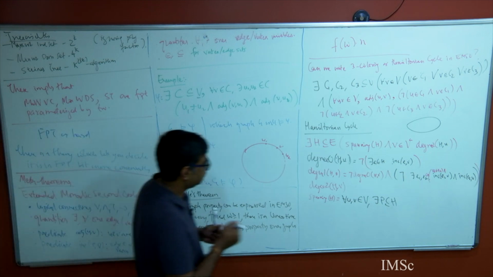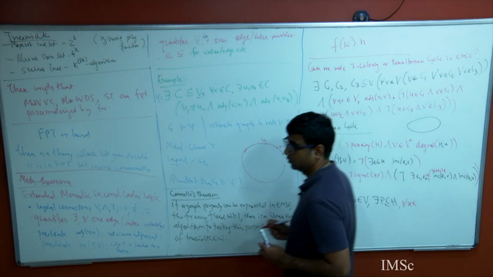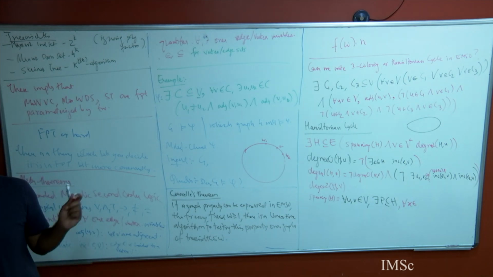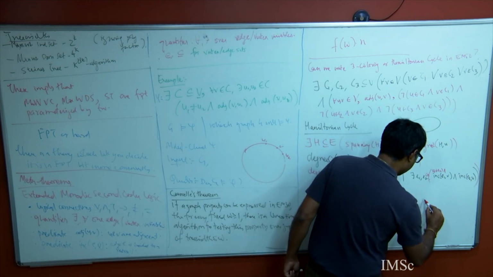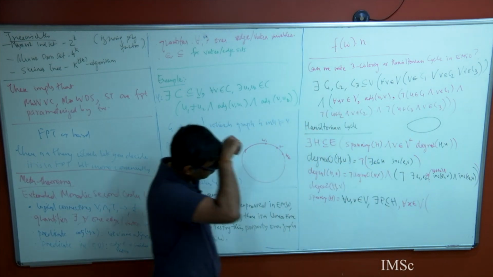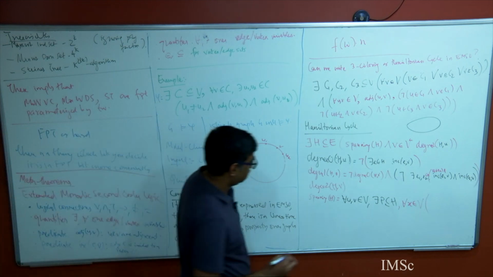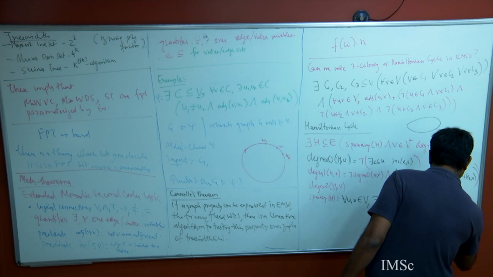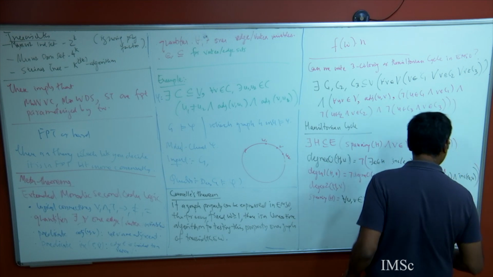Okay. For all X in what else did we write here? What did I write here? Let me see. There exists P subset of H such that for all X in V, X is not equal to U and X is not equal to V, okay.